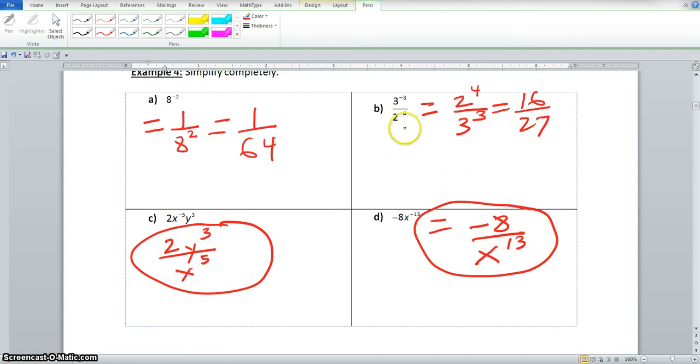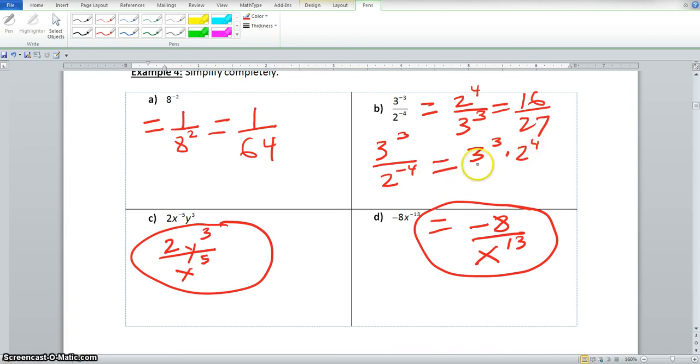Now there's one other thing I want you to note up here in B. Let's say that this was not negative 3 in your numerator. Let's say this was 3 to the 3rd over 2 to the negative 4. Now, we would bring this 2 to the negative 4 into your numerator. So 3 to the 3rd would stay in your numerator, and then 2 to the 4th will move up to your numerator.